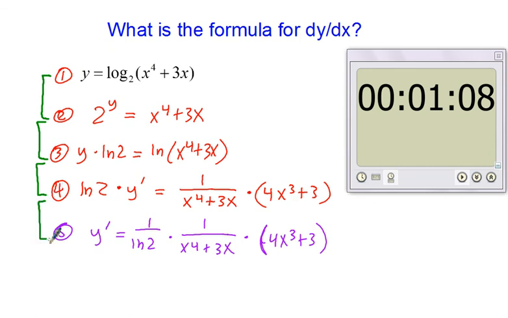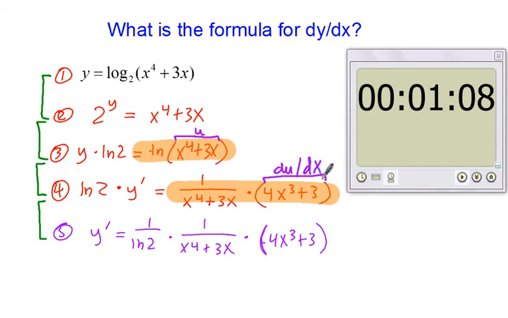Now, one thing that I will point out is that I just applied the chain rule when I did this part of the problem. I'm treating this quantity as u, and then we get 1 over u, which is the fundamental rule for the derivative of a log function, 1 over u. And this right here would be the derivative of the u component.